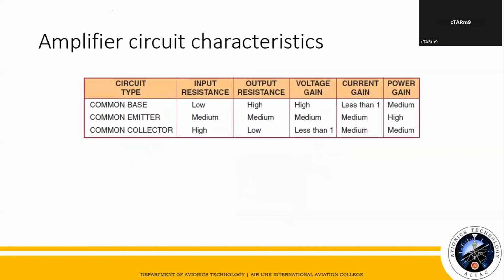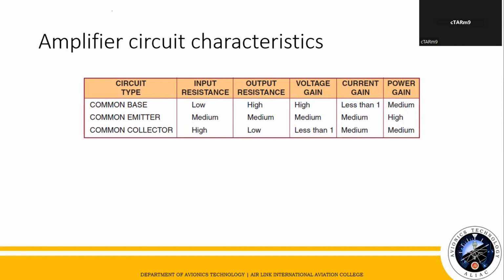So, the amplifier circuit characteristics can be seen in this table: the filtered current and power gains for the three circuit configurations. In the common base, the input resistance is low and the output resistance is high. The voltage gain is high, current gain is less than 1, and power gain is medium. Common emitter: medium, medium, medium, medium, and power gain is high.